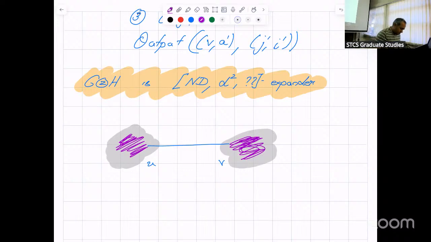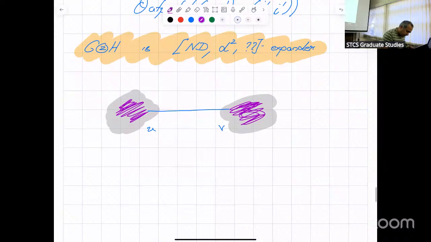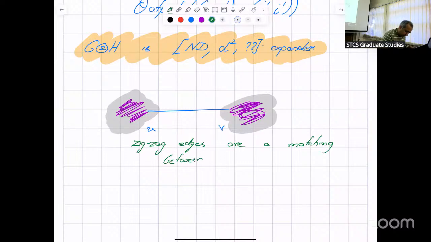So the green, the zigzag edges, are a matching between. This was in our graph, this was, what was it? This was U comma A, U comma B, and B comma B prime.